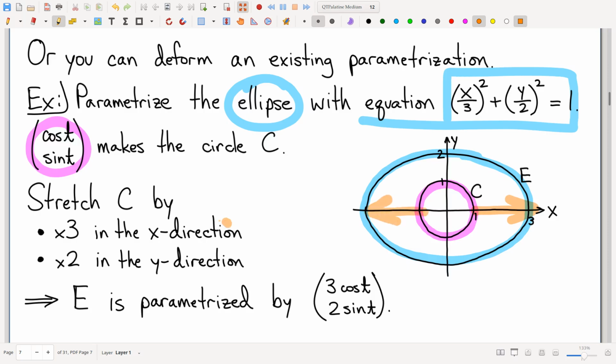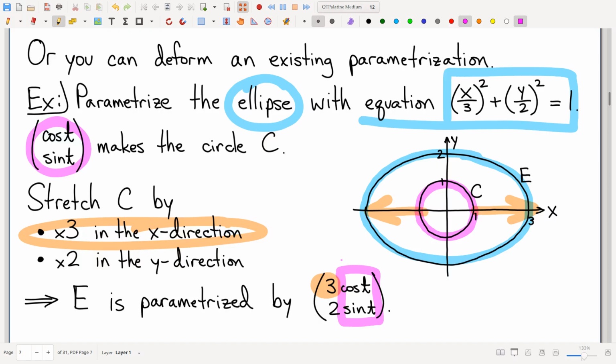I'm going to take my existing parameterization of the circle, cosine and sine, and stretch in the x direction by a factor of 3. So I'm literally going to make those x coordinates 3 times as big by multiplying that formula by 3.